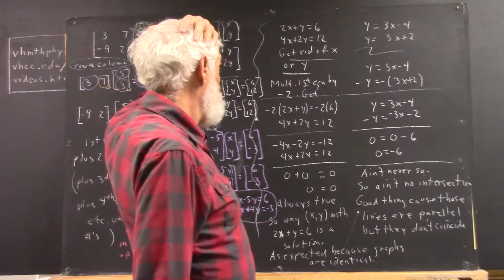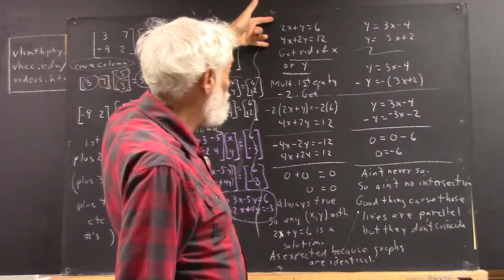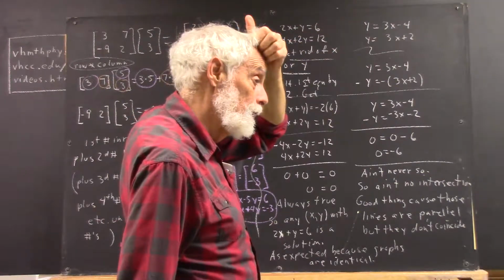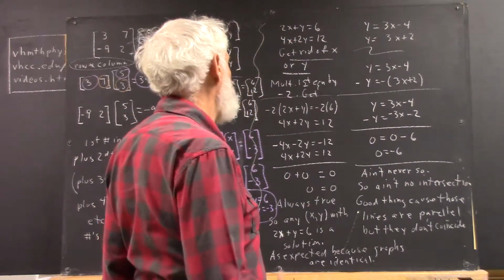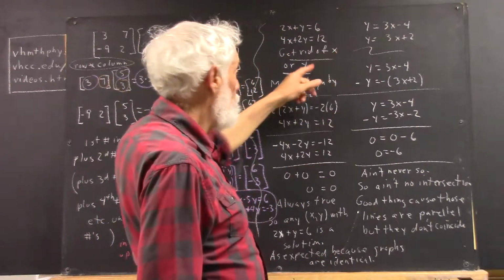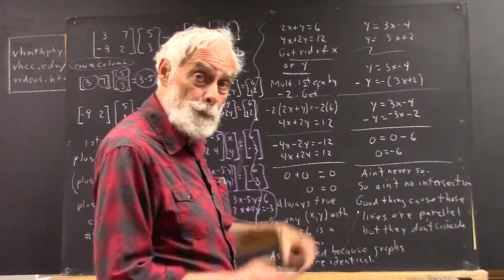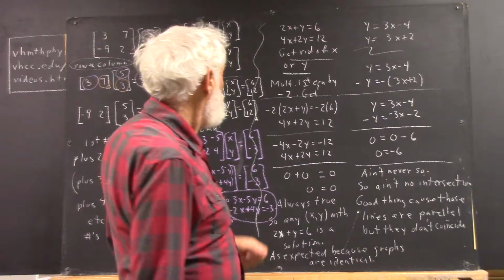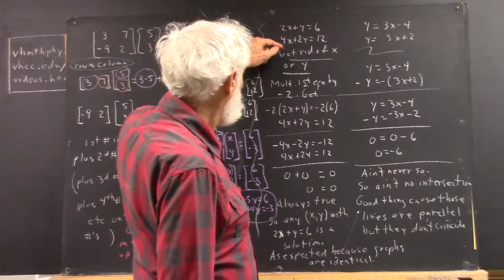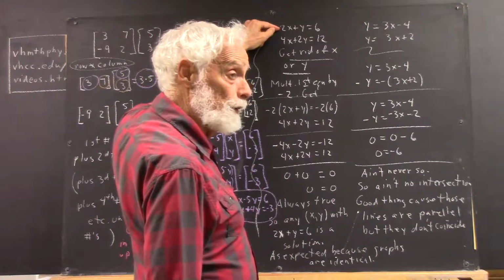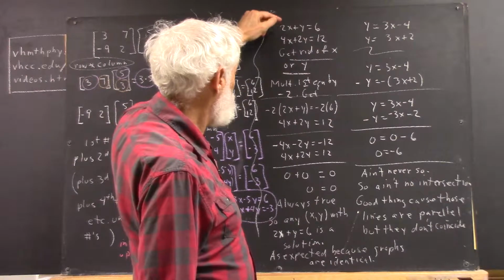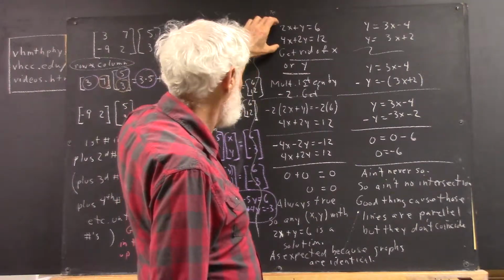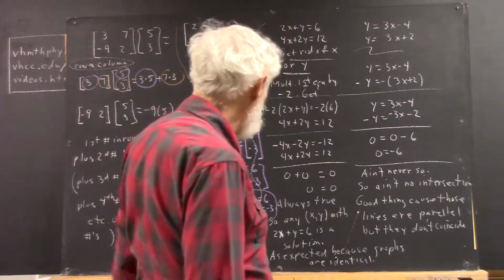Okay, we take this system, 2x plus y equals 6, 4x plus 2y equals 12. Now we're going to try to eliminate x or y by adding multiples of the two equations. We can make that happen if we want to get rid of x. If we multiply this equation by -2, we're going to get a -4x, and match that up with the 4x, and the x's will go away. So that's our strategy.